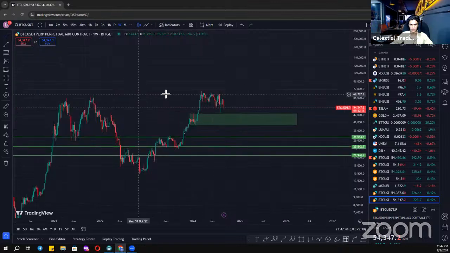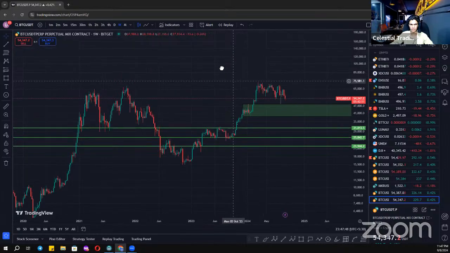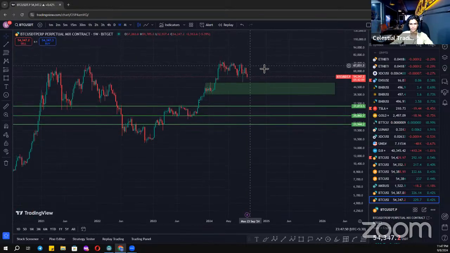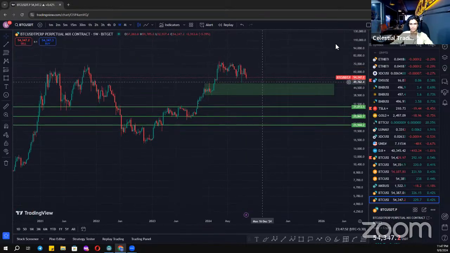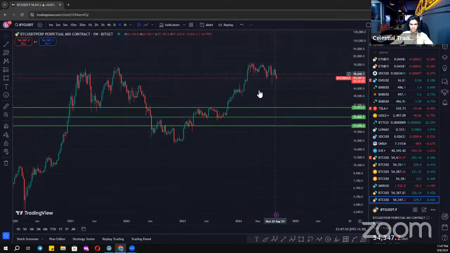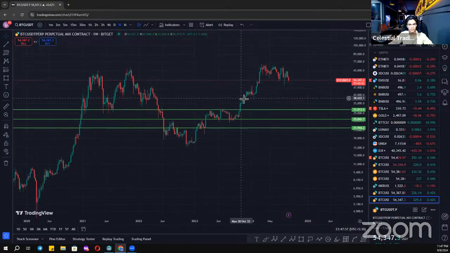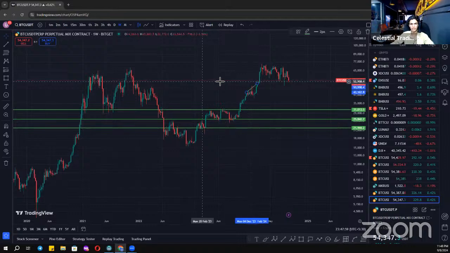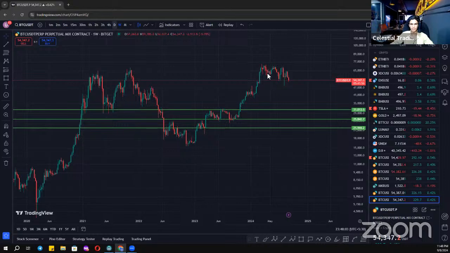Okay, these are the basics you should be marking on the weekly chart. I will just raise this support zone that I drew here, and let's move into the daily time frame.